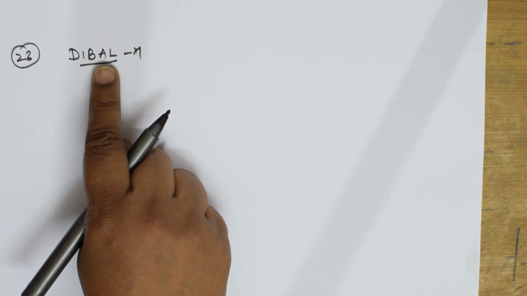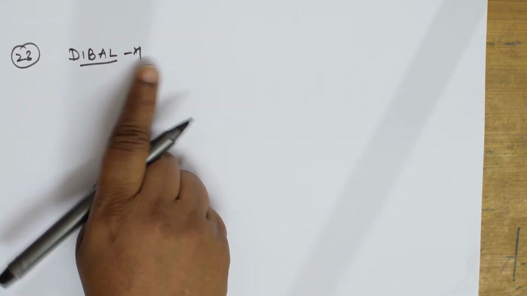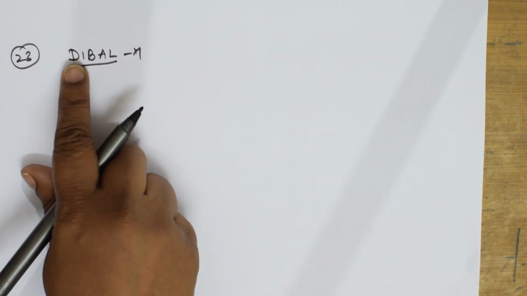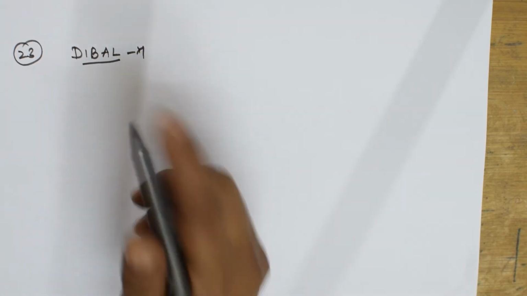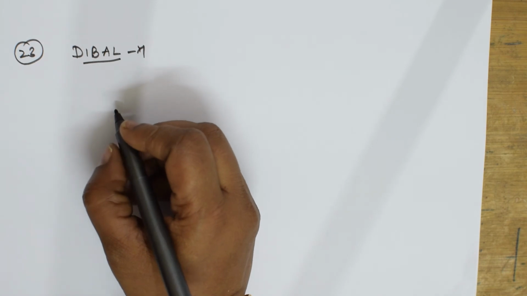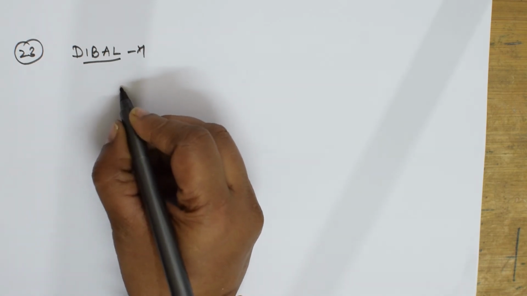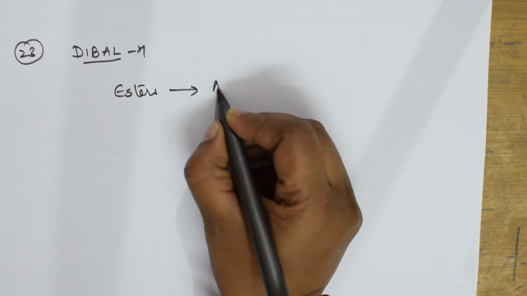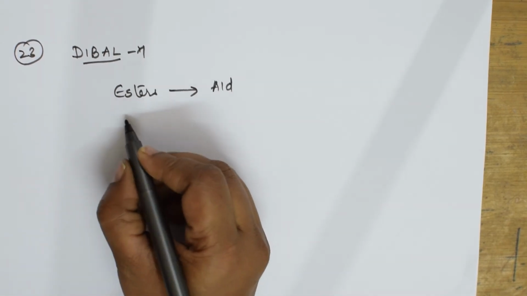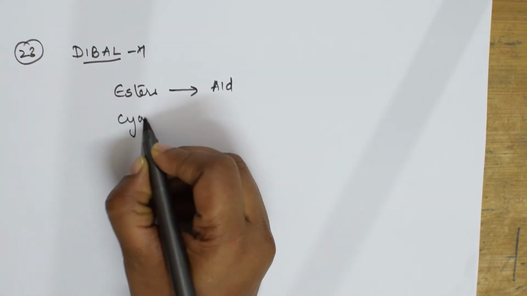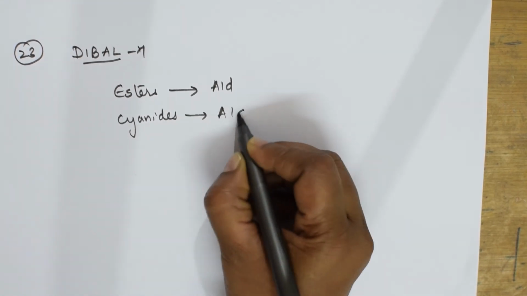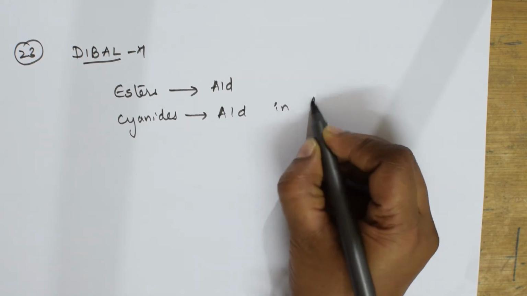Whenever DIBAL is present, it will allow esters to get reduced to aldehydes. In the presence of DIBAL, cyanides get reduced to aldehydes in the presence of HCl.